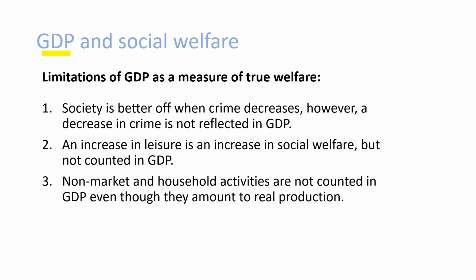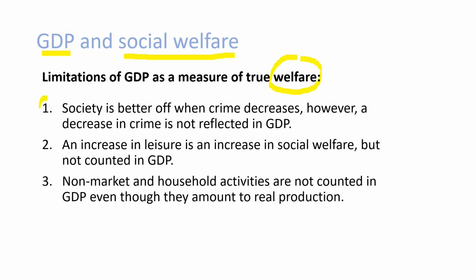GDP and social welfare. GDP is essentially an indicator of aggregate economic activity. In addition to that, it is also frequently used to describe social welfare. However, there are several limitations of GDP as a welfare indicator.